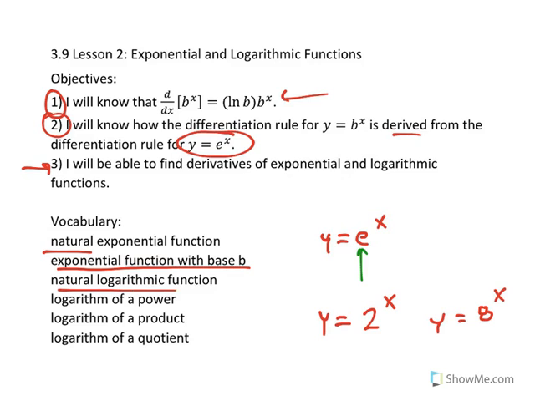And the natural log function, we looked at that yesterday. Later we'll be learning about logarithmic functions with other bases. Yesterday we learned about these three properties of logarithms that we were able to use to rewrite our function before differentiating. That's called expanding the logarithm using these properties of logarithms before differentiating.